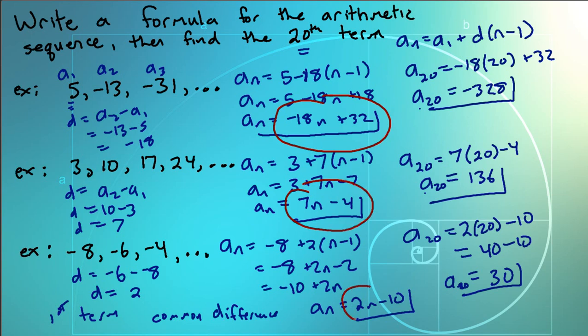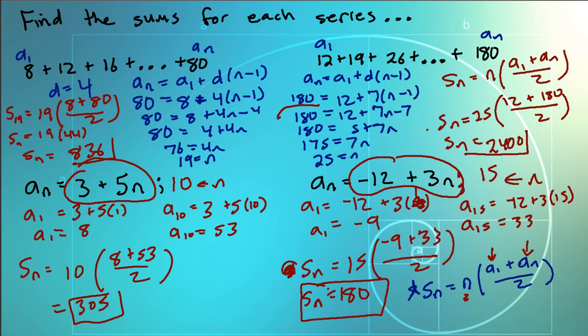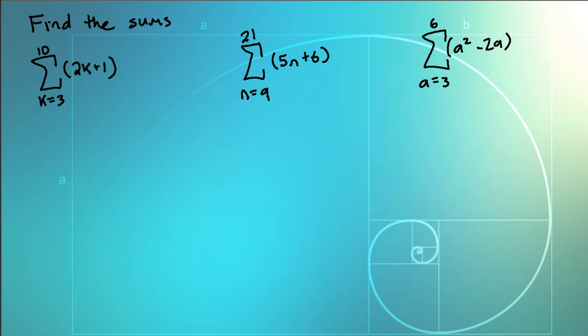It's like y equals mx plus b. So anytime I have that, I know ultimately that I am in an arithmetic situation. So this one's arithmetic. This one is arithmetic. This one is not.